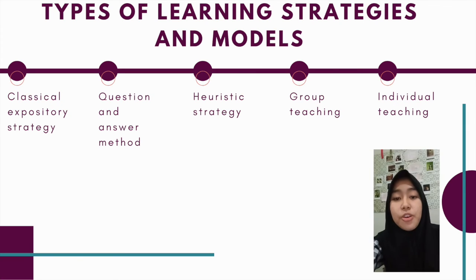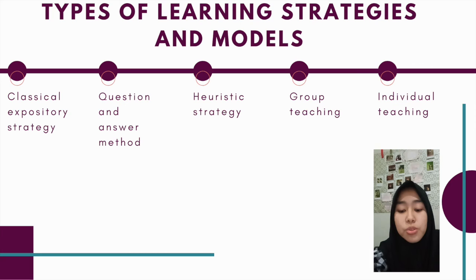The third is heuristic strategy. There are two strategies, discovery and inquiry. Discovery is a mental process where individuals assimilate concepts and principles. Inquiry contains mental processes that are higher in level than discovery. The fourth is group teaching. This form of teaching can occur during group work and group discussion.